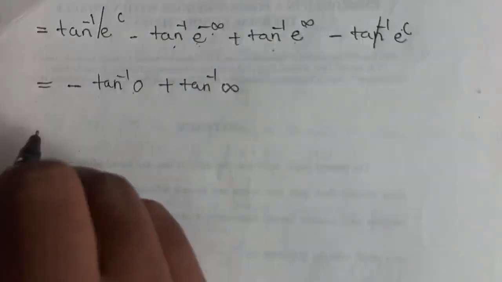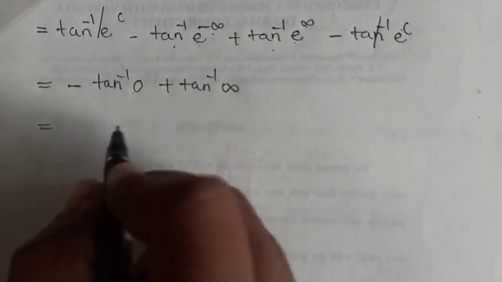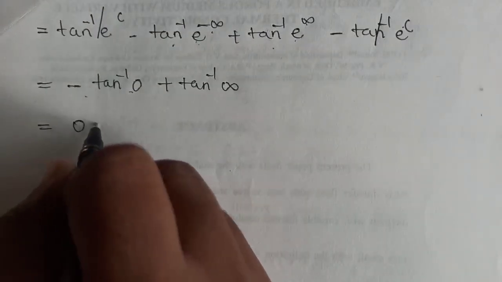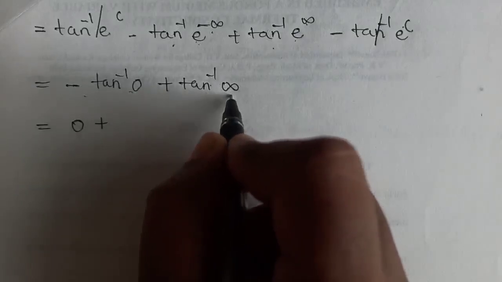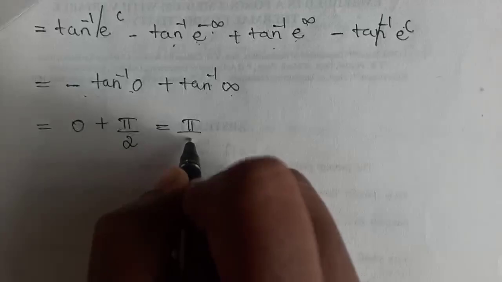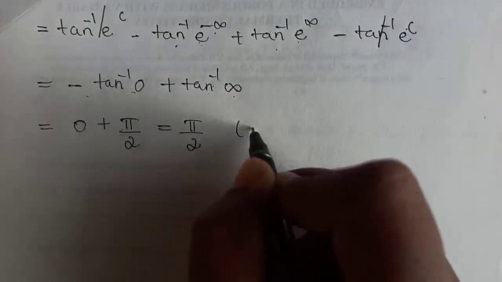Next we get minus tan inverse of 0, which is 0, plus tan inverse of infinity, which is pi by 2. Therefore we get pi by 2, which is finite.